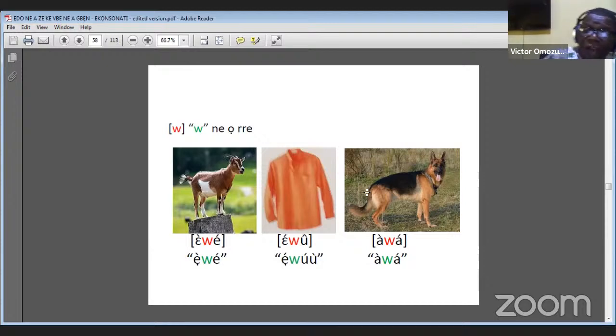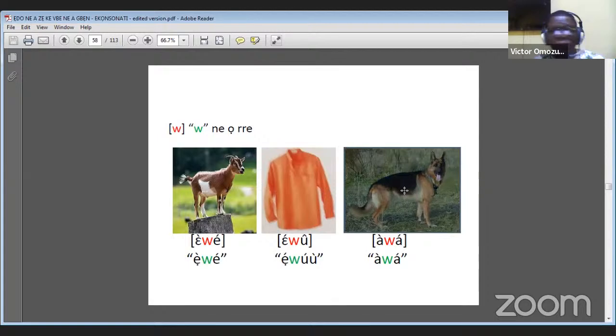You see, we saw this picture earlier, which was glossed as Ekita. But now we say Awa. In Edo, you have the two names. You can either say Ekita or Awa.